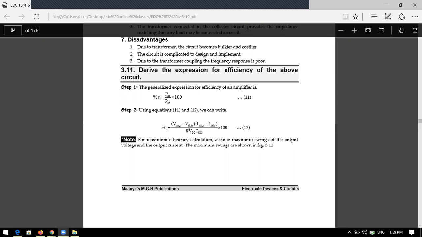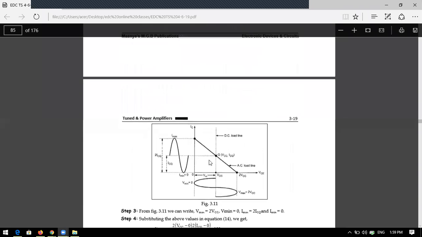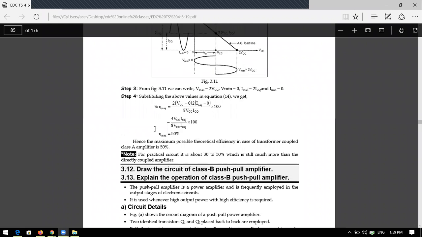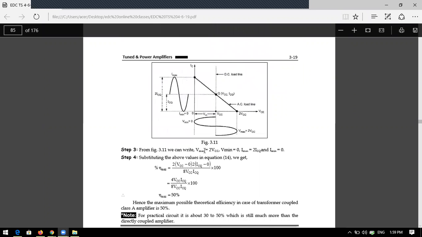So Vmax is 2 VCC, Vmin is 0, Imax is 2 ICQ, Imin is 0. Substituting, it is 4 VCC ICQ divided by 8 VCC ICQ. VCC ICQ cancels out. 4 by 8 means 1 by 2, and 1 by 2 means 50%. So it is 50%.